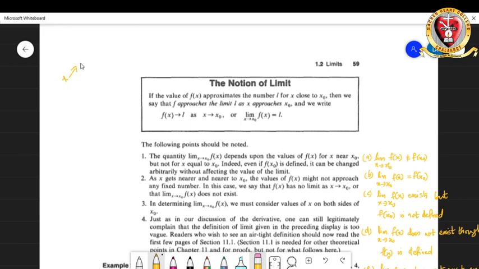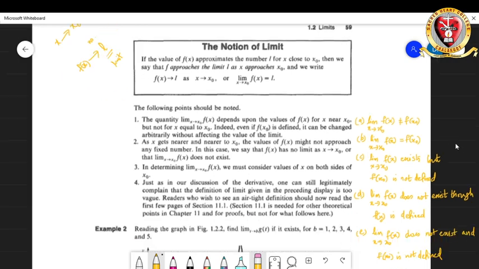That means when x approaches x naught, from right and left, f of x approaches some number. This number is called the limit. And we denote it as limit x tends to x naught f of x is equal to L.